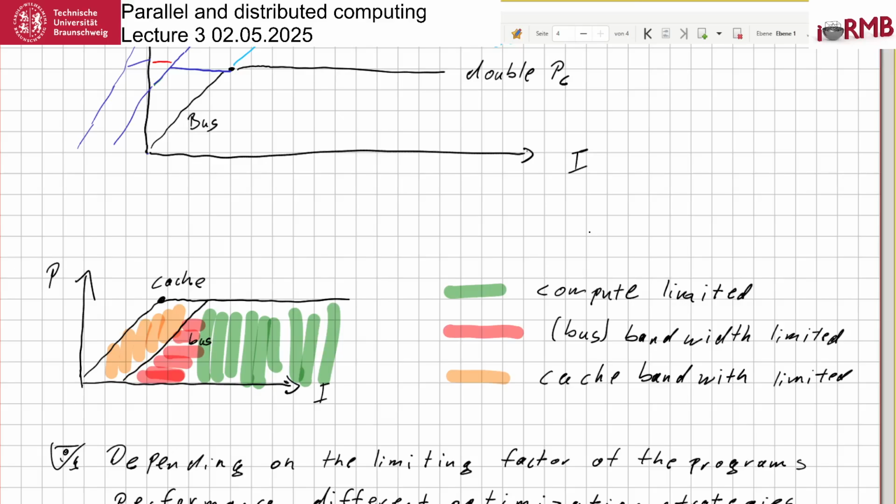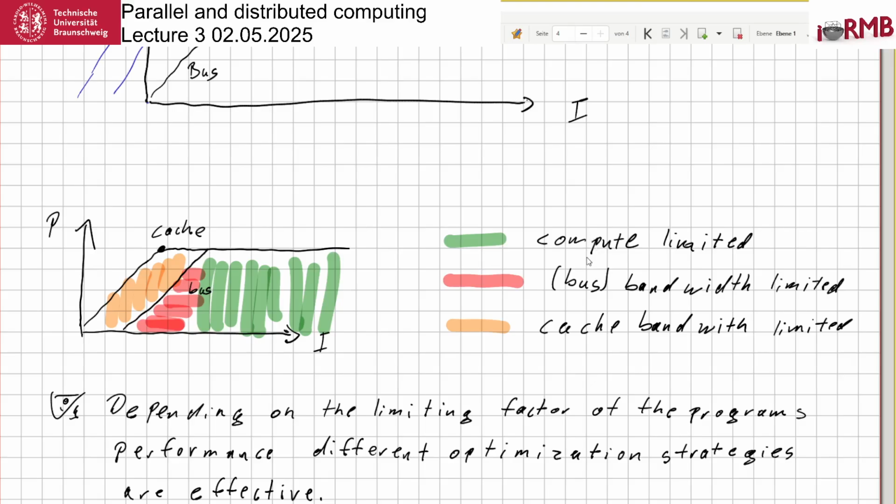So one thing I don't want to talk about now a lot is, first of all, your program has a certain intensity, right? So you know where you are on this intensity axis, and then you can measure your performance, and then you will certainly see that you are below the roof, yeah.